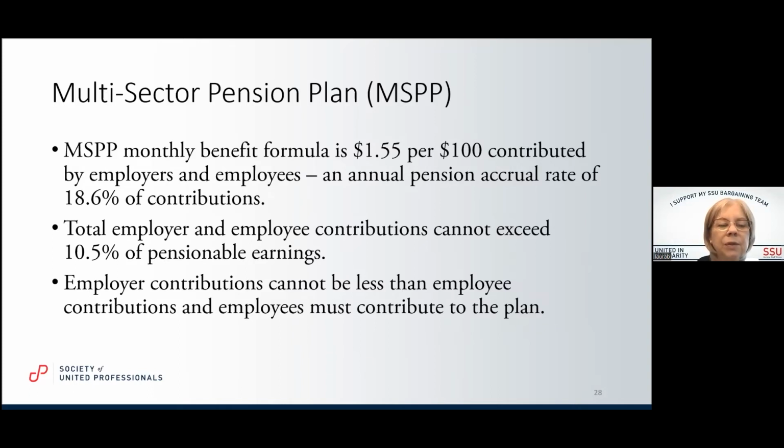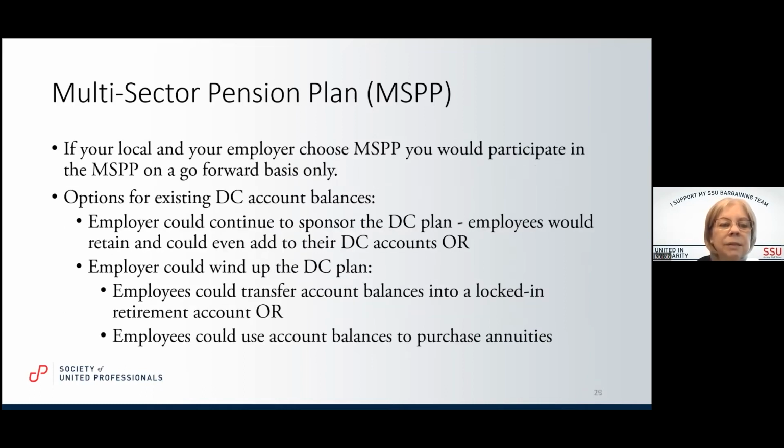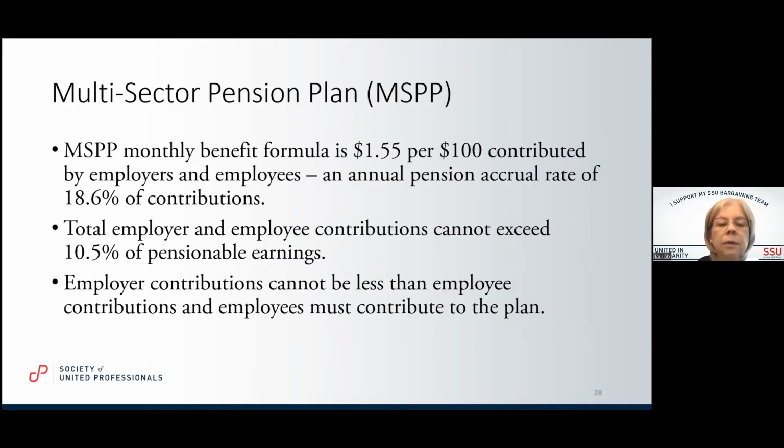When you do the math, the reason for this is that at the benefit level they're committed to here, it produces the maximum income tax limit of 2% accrual of your earnings. Also, the employer contributions can't be less than the employee contributions, and employees must contribute to the plan, but those contributions don't have to be the same.